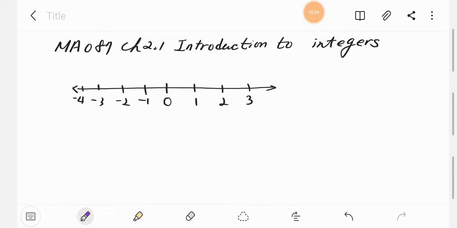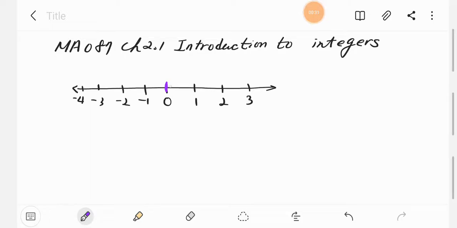Integers are the numbers 1, 2, 3, 0, and -1, -2, -3, -4, and so on. So these are the integers. Based on the number 0, all the numbers to the right of 0 are called positive numbers.